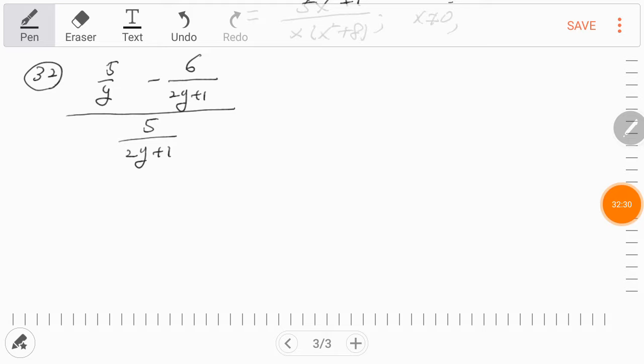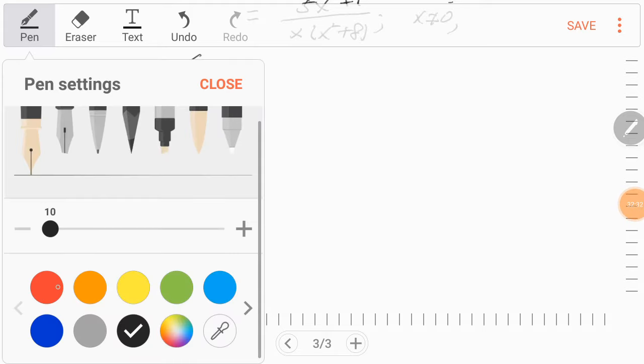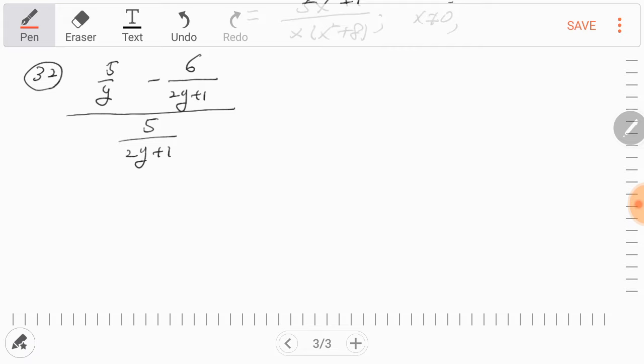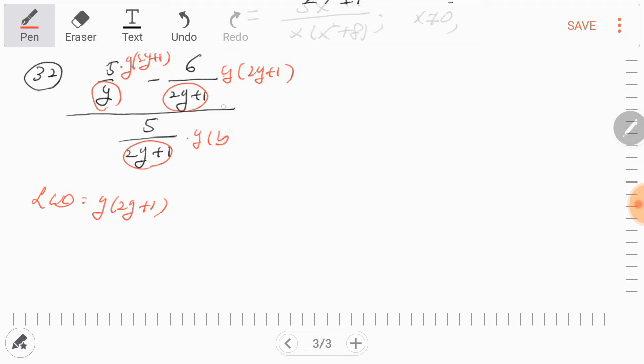Okay, this is exercise 32. In this expression, the LCD is, because these are the denominators, y times 2y plus 1. So we'll multiply each fraction by this LCD. So multiply this by y times 2y plus 1, y times 2y plus 1, y times 2y plus 1.